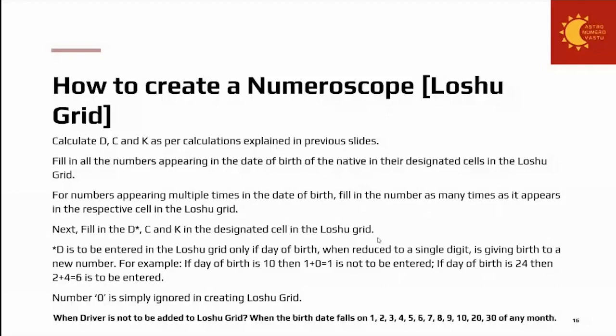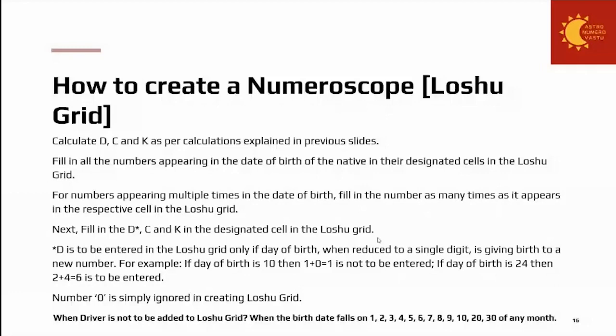Next, how to create a numeroscope. Now you have learned how a numeroscope looks. The next step is how to create it based on the date of birth. So what are the steps? You have the DOB. You will calculate the driver, conductor, and KUA number as per the calculations which we have provided.